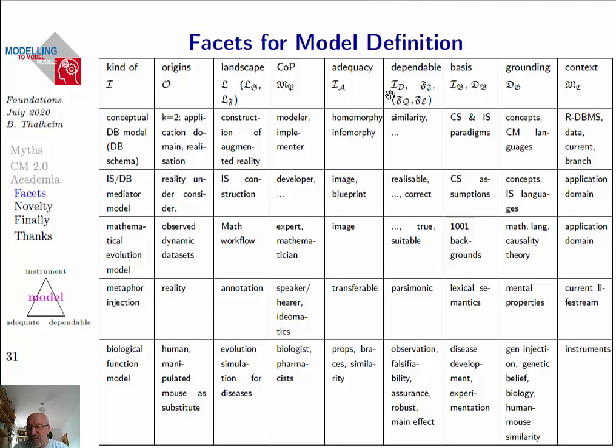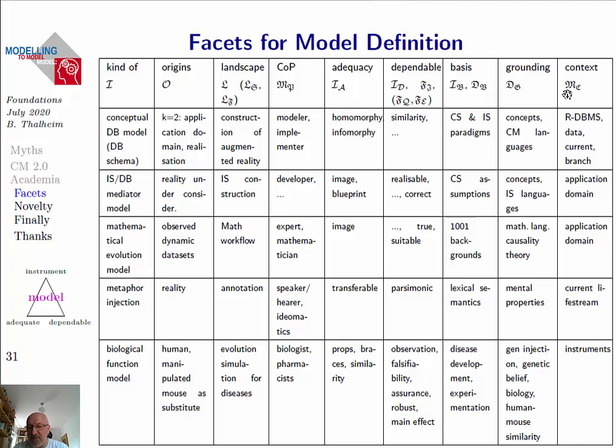We have a basis coming again from the instrument and from the deep model we have been integrating into the instrument. We have a grounding coming typically with a deep model. We have a context coming with a matrix.